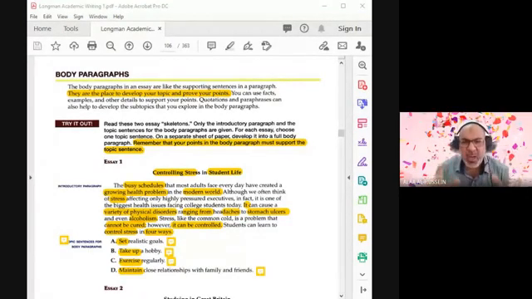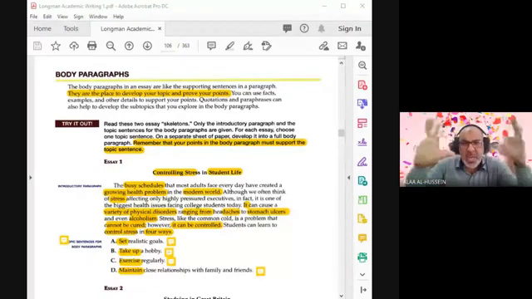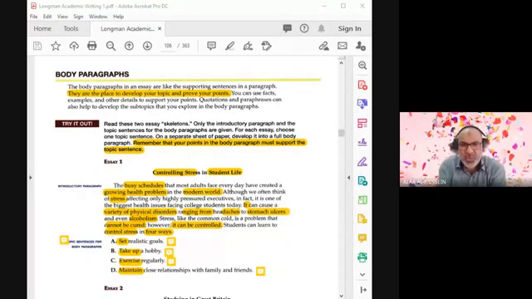So there are differences between the introductory paragraph and the body paragraphs. In the introductory paragraph, we should only focus on two elements: how to give our readers, our audience, a general background about the topic, to be aware of the general background, okay?